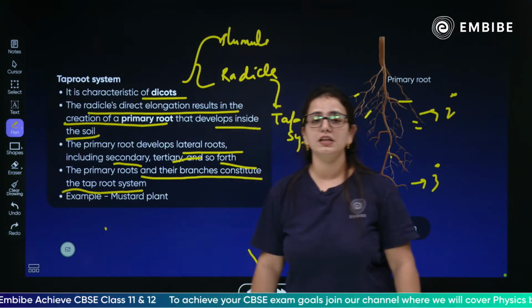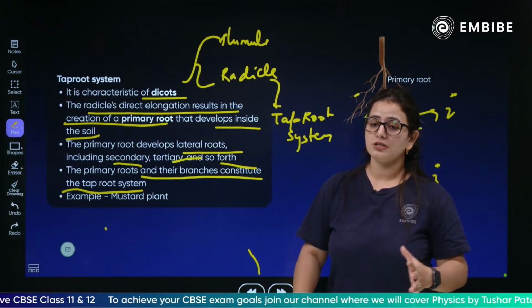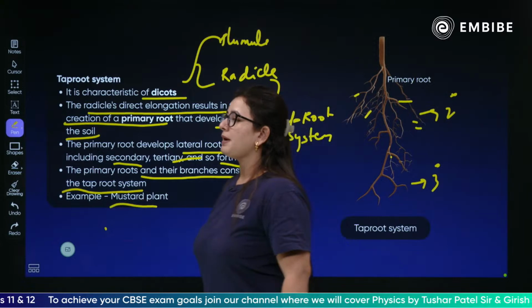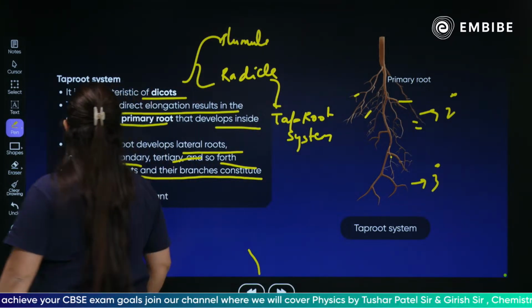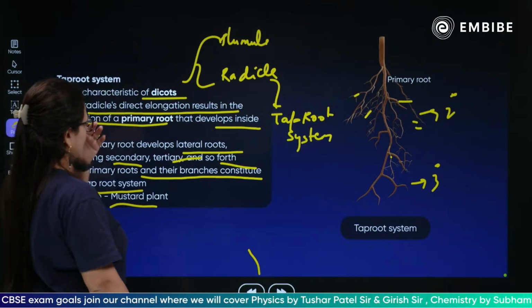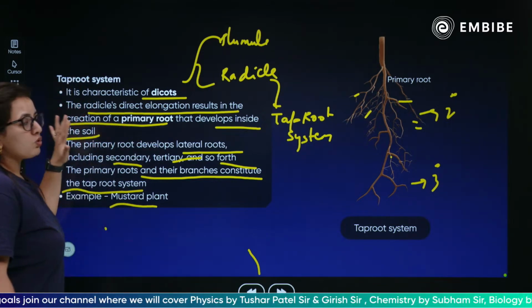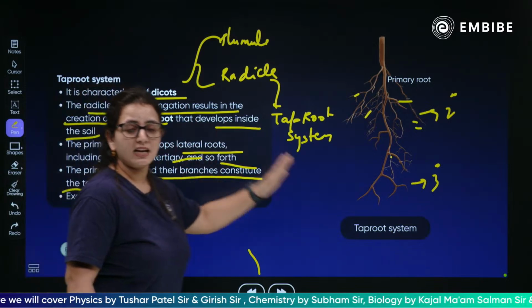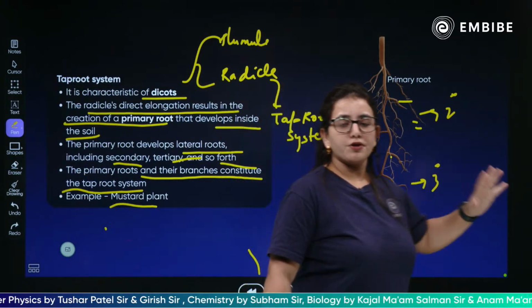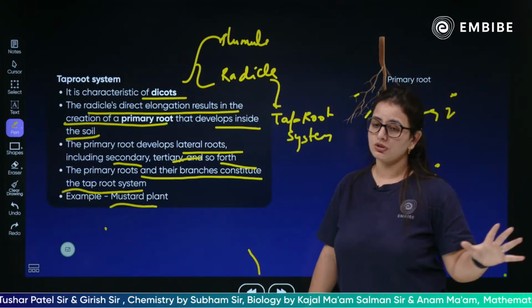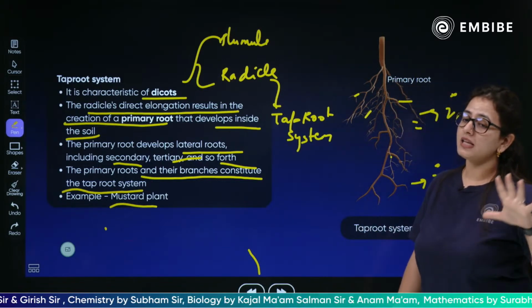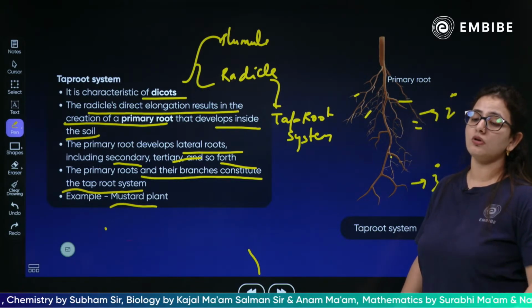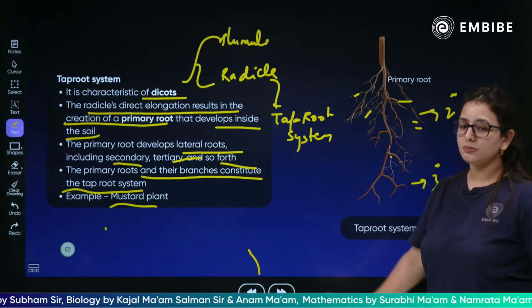An example of the true root system, the taproot system, is the mustard plant. So, this is about the taproot system, the true root system arising from the radicle, which has primary, secondary and tertiary roots. But the first formed root is the primary root. Then they have lateral roots, secondary roots and tertiary roots and so forth, they keep on spreading.